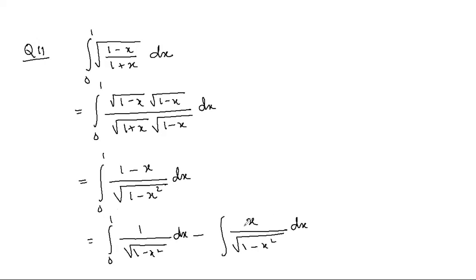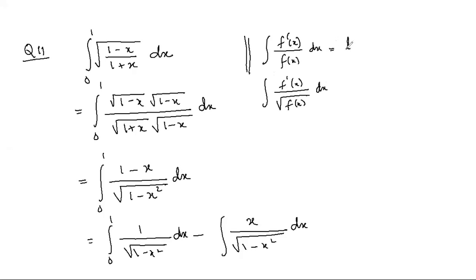Does anybody know how to do this integral? We have one direct formula: the integral of f dash x upon root of f x is 2 root f x. If the denominator's derivative is the numerator, log of denominator is your answer.